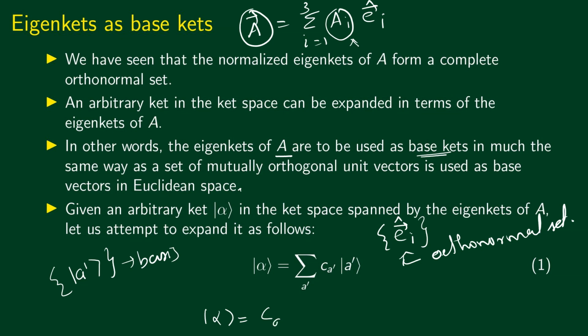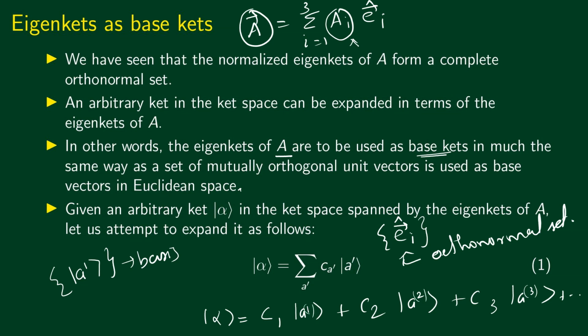Similarly, we can write this as ca prime ket a prime plus ca double prime ket a double prime plus ca triple prime ket a triple prime, etc. This is one way to write it. It goes on like that. Now, if there are too many base vectors, we can instead use the notation C1 ket A1, C2 ket A2, C3 ket A3, etc. Maybe we'll put a bracket here to follow the notation given in the textbook.